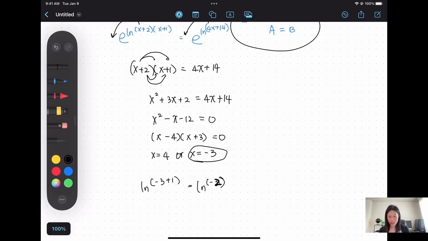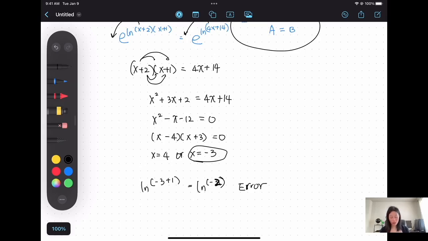If you put a negative number into a calculator, they will say error, which means undefined. That means the calculator cannot calculate a negative number in the logarithm function.